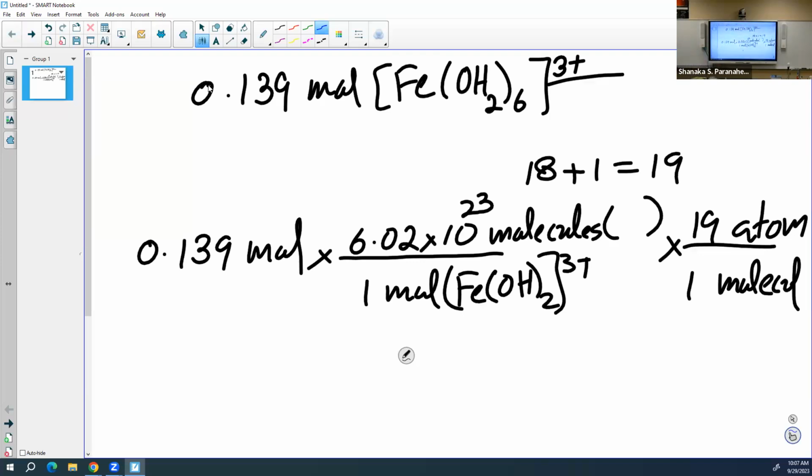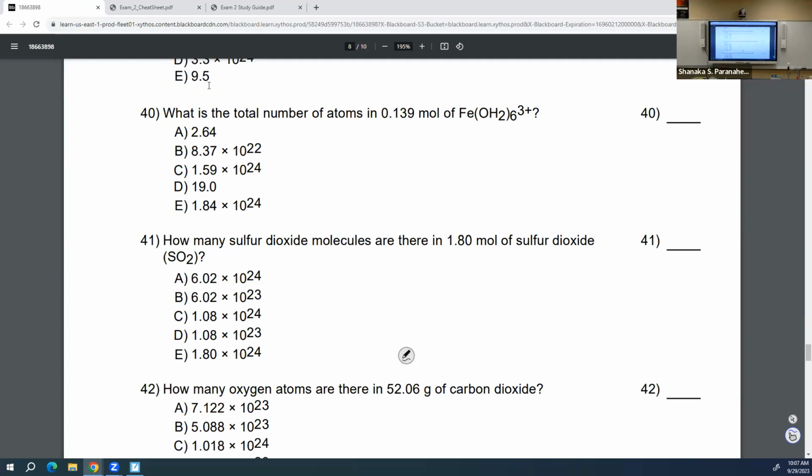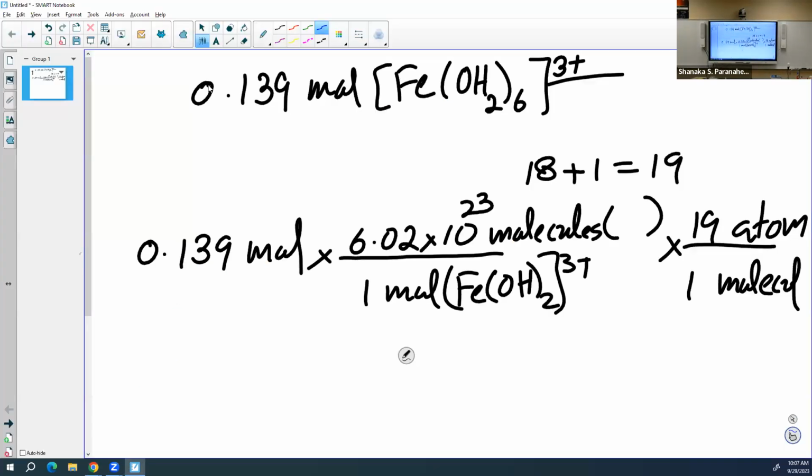You can do the calculation and the answer is going to be... what is the answer? I don't know. I think it's C. Maybe not. Okay, so calculation is here.